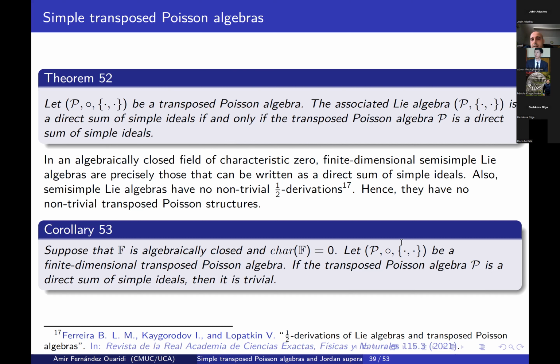And also, semi-simple Lie algebras have no non-trivial one-half derivations. So we have the following corollary. If F is an algebraically closed field of characteristic 0, and P is a finite-dimensional transposed Poisson algebra which is a direct sum of simple ideals, then it is trivial.